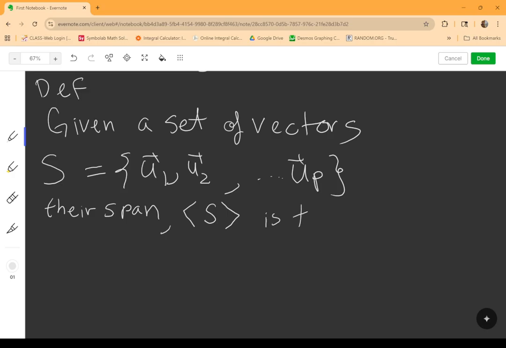the set of all possible linear combinations.